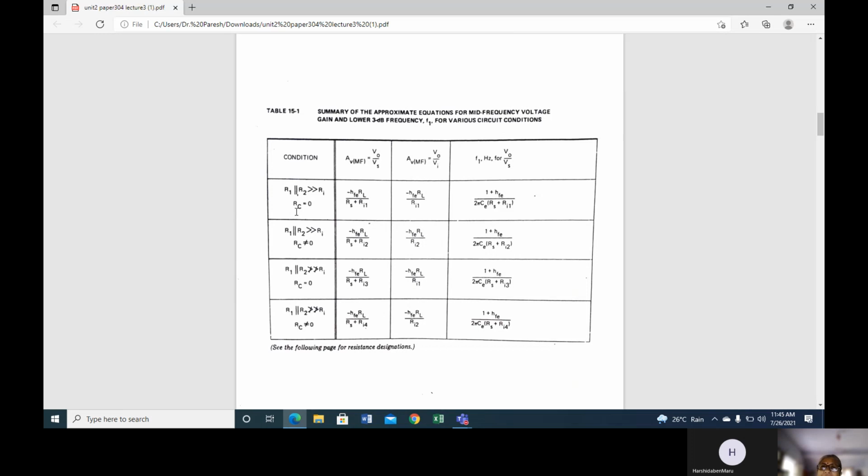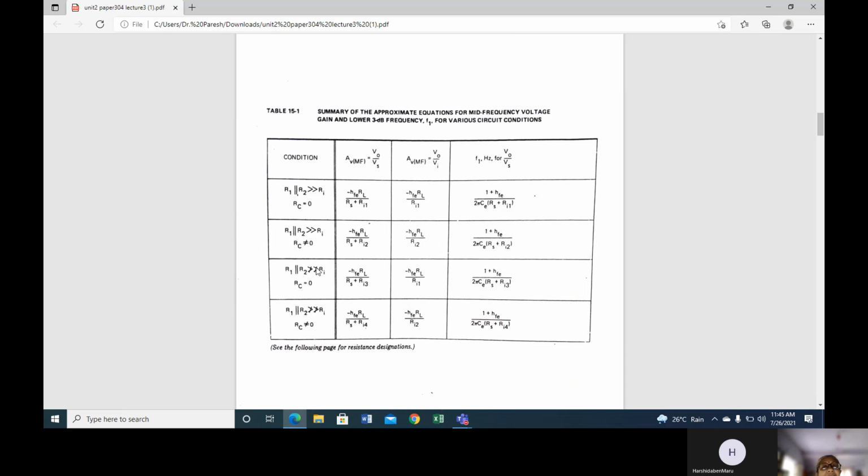The capacitor always has some dissipation, and that dissipation is denoted by this particular resistor, which we call RC, which is connected in series with the capacitor, if you take the equivalent circuit of the capacitor. So this is the first condition, when R1 parallel to R2 is very much greater than Ri and RC is equal to 0. The next condition is R1 parallel to R2 is very much greater than Ri, but RC is not equal to 0. So you have to take RC into consideration.